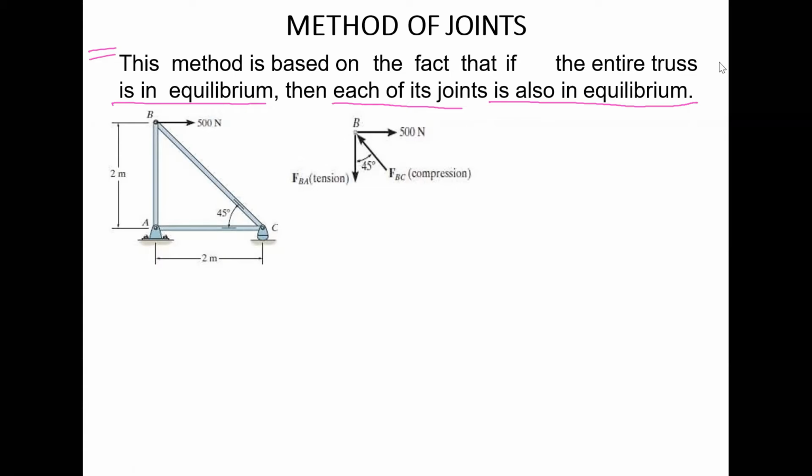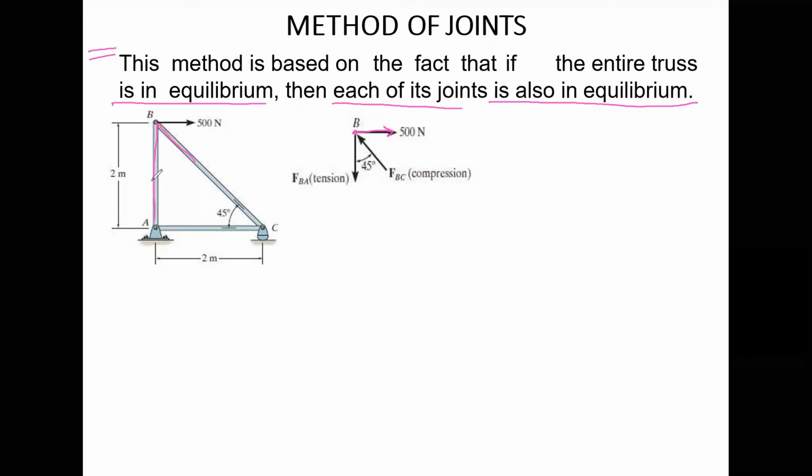Suppose I am drawing the FBD of point B. The external force is acting horizontally and the magnitude is 500 Newton. Now, there are two internal forces acting on point B: one along the link BA, and another along the link BC.